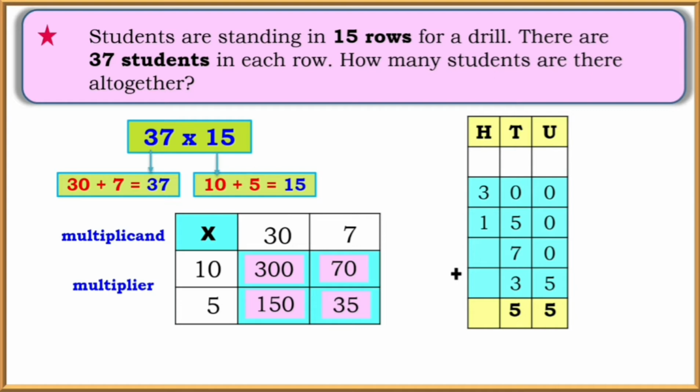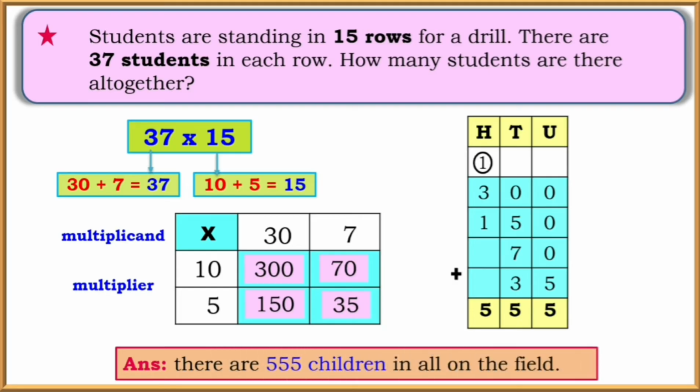So we will write 5 in the tens place and 1 will go in the hundreds place. Now 1 plus 3 plus 1 is equal to 5. So the answer is 555. So the final answer is there are 555 children in all on the field.